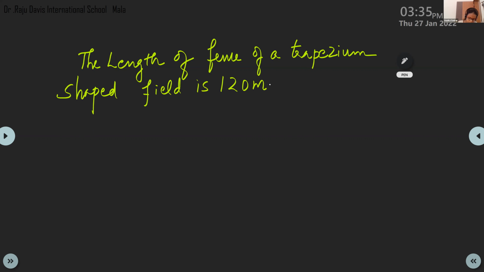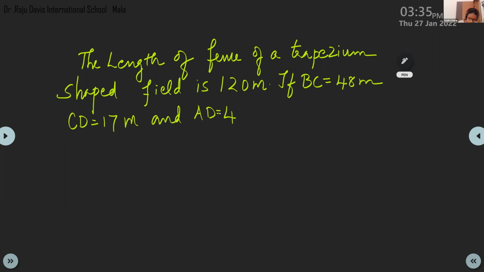If BC is equal to 48 meter, CD is equal to 17 meter and AD is 40 meter, find the area of the field.